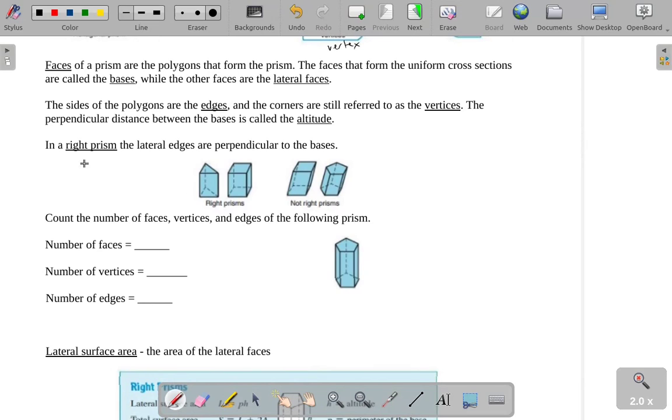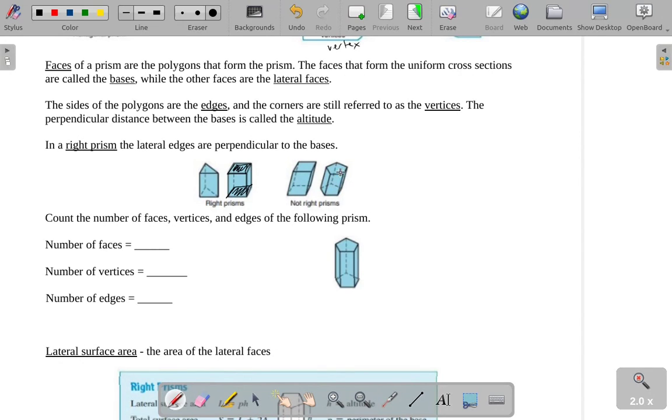Okay, so we have a right prism. A right prism is what we get when, if you can envision this extrusion, you're pushing something through the hole, and the cross-sectional areas are perpendicular to the direction of the extrusion. But that doesn't always have to be the case. You can end up with something that's not a right prism.